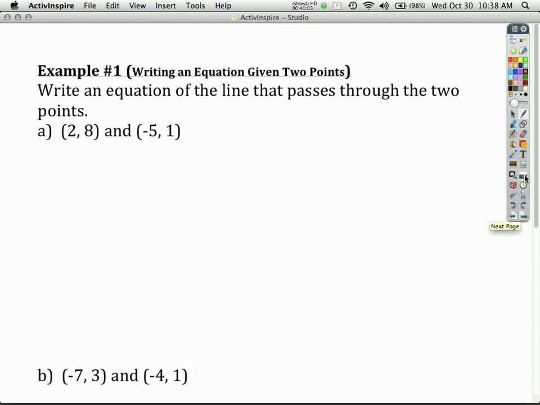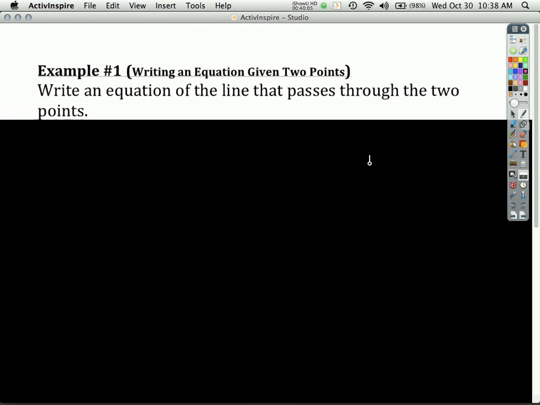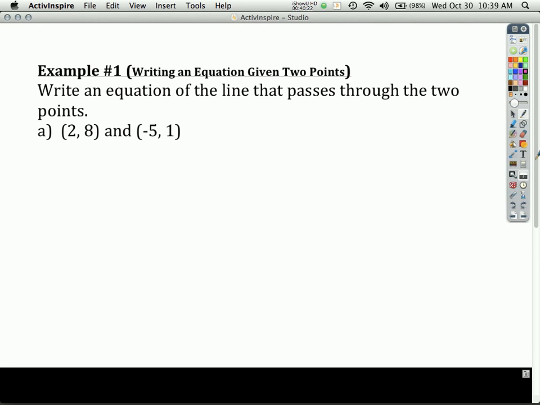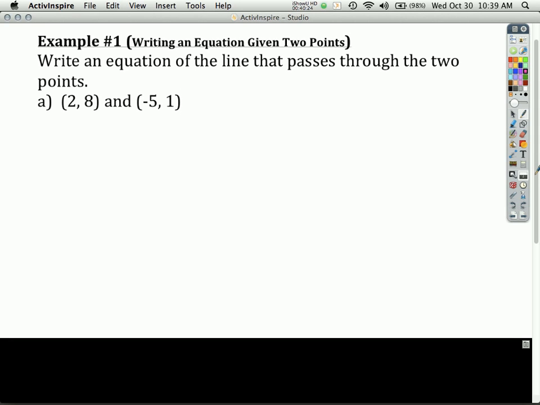We're going to jump right in, and we're going to actually work with some of the harder types of questions, and then we're going to work our way towards some slightly easier ones. So write an equation given the 2 points.